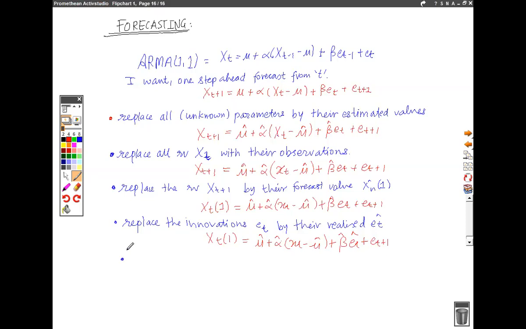So the next step will be now to replace the random variables, the innovations which you haven't yet realized, with their expected value. So I will replace the random variable et plus 1 by its expectation. And what is my expected value of e? It's always 0, right? So instead of et plus 1, I will just have a nice 0.